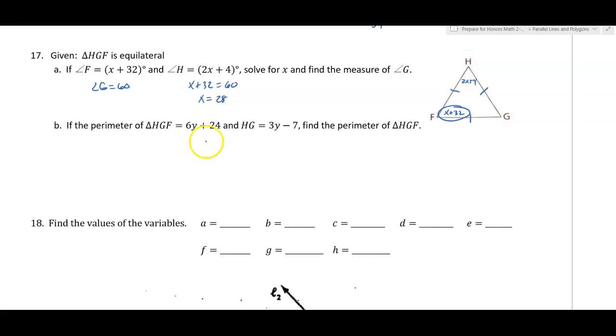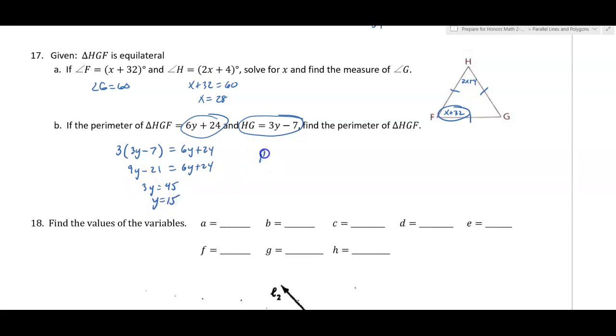If the perimeter of triangle HGF is 6y plus 24, and HG equals 3y minus 7, I know I have three sides times the length of each side, which is 3y minus 7, equals the perimeter of 6y plus 24. 9y minus 21 equals 6y plus 24. 3y equals 45. y is equal to 15.